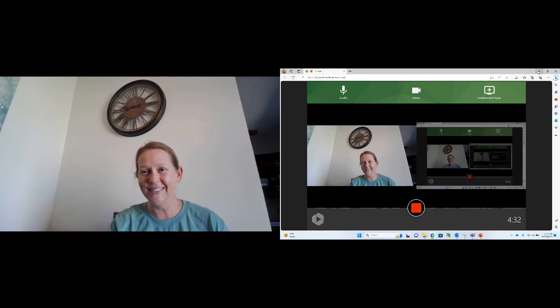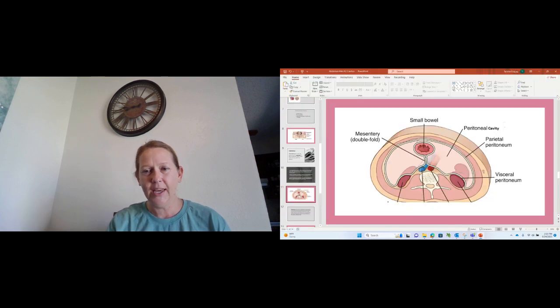So here's the parietal peritoneum. It is attached to the entire abdominal wall, goes around the organs right here. The space in between it is the peritoneal cavity.